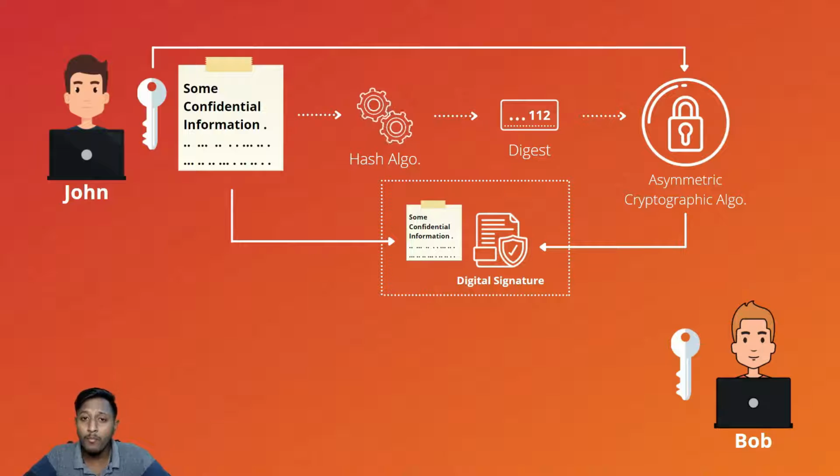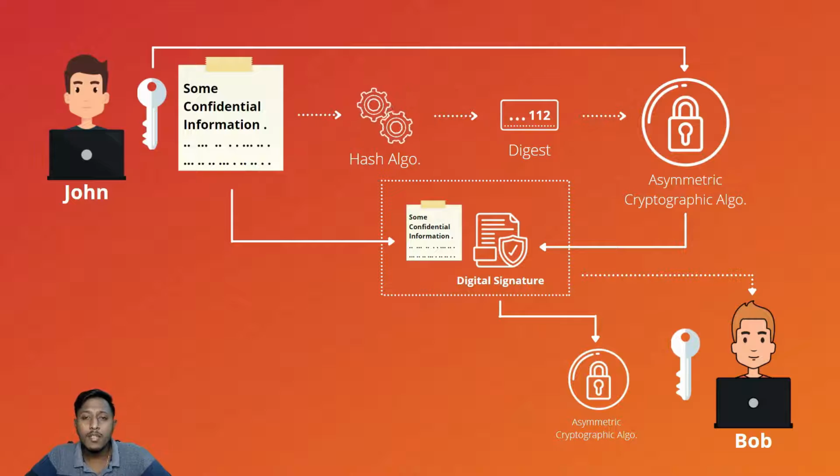Notice one point here: we are focusing on the digital signature being encrypted, not the message. After John sends it, Bob receives the signature and the message. He takes the digital signature, uses John's public key, and tries to decrypt it.